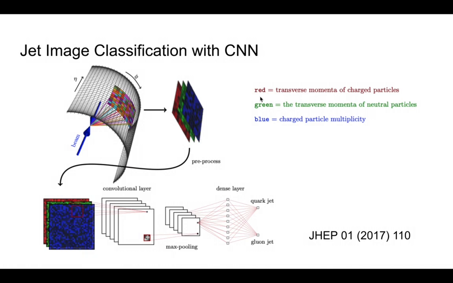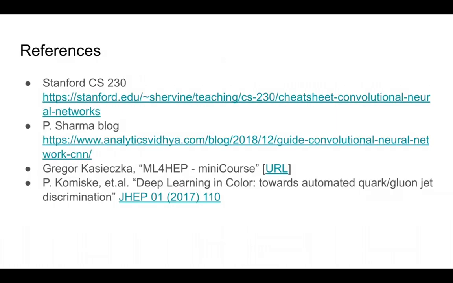For example, the red channel can be the transverse momentum of charged particles, the green can be the transverse momentum of neutral particles, and the blue can be the charged particle multiplicities. Instead of using just one channel of information, with more channels we have a chance to obtain a better jet classifier. Alright, enjoy your hands-on exercise today. Here are good references for you to learn more about convolutional neural networks.